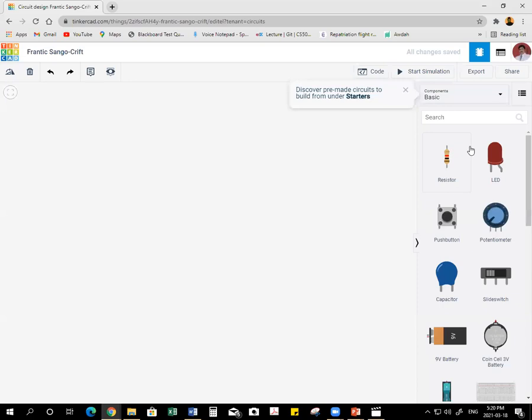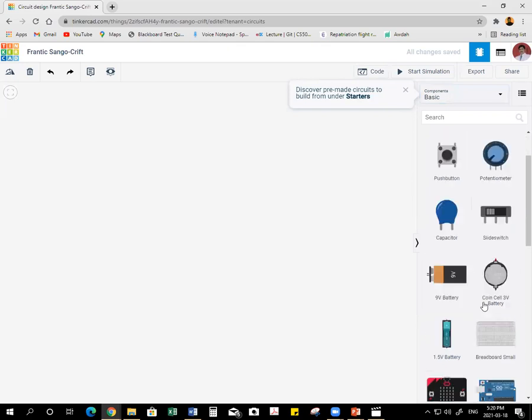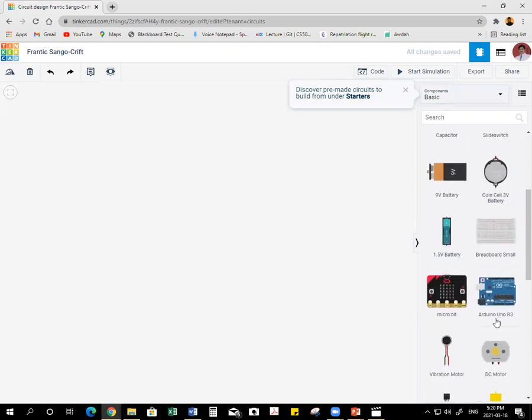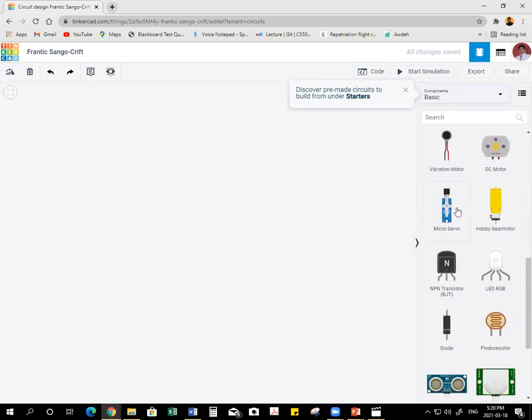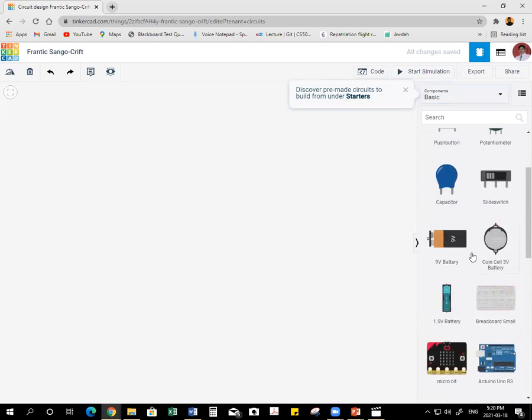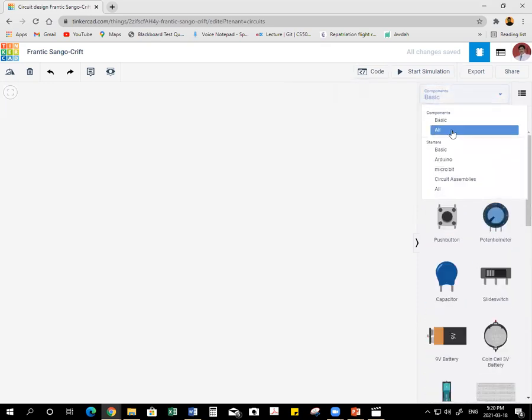Now on the right side, you can see different components. On the top right side, it is showing basic components. For basic, you can find resistor, LED, push button, potentiometer, capacitor, battery, different types of battery, and a breadboard. Here is Arduino Uno R3. Different components are there, like micro servo, LED, RGB. If you want all, then you can browse from all.